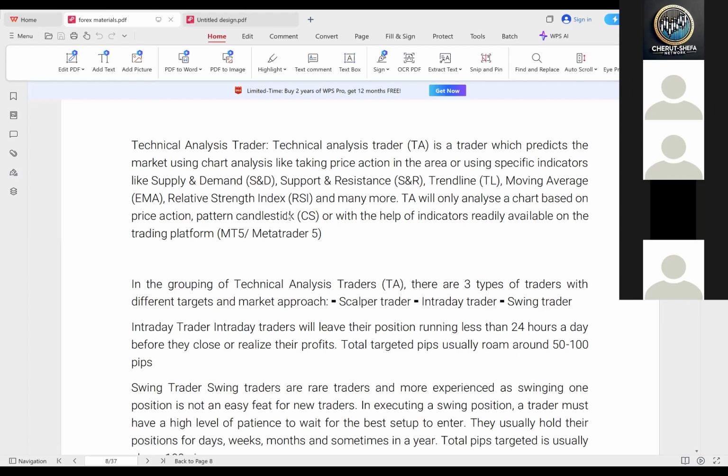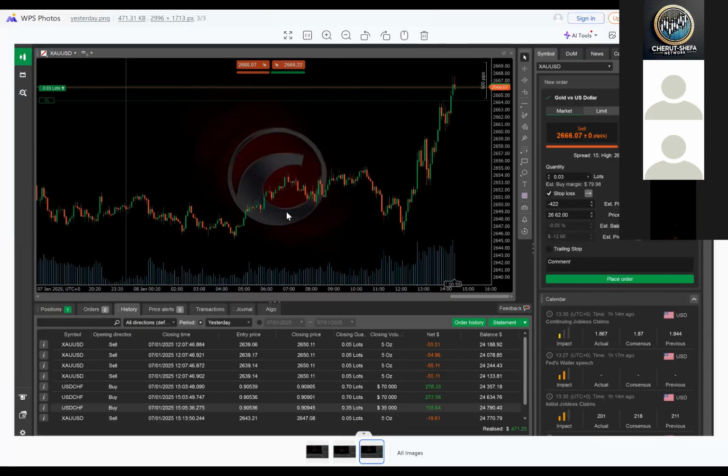Now, if you look at the screen, this was what the chart looked like. When you look at the screen very well, you will see XAU USD, USD CHF, XAU USD, and then you will see minus 55, minus 54, minus 55.